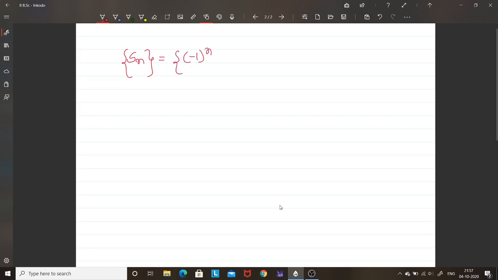This is an example of a sequence, where n belongs to the set of natural numbers. What is the first term? S1 is equal to minus 1 to the power 1, you are getting minus 1. What is s2? That means n is equal to 2. You substitute n is equal to 2, that is minus 1 to the power 2, which is equal to 1.